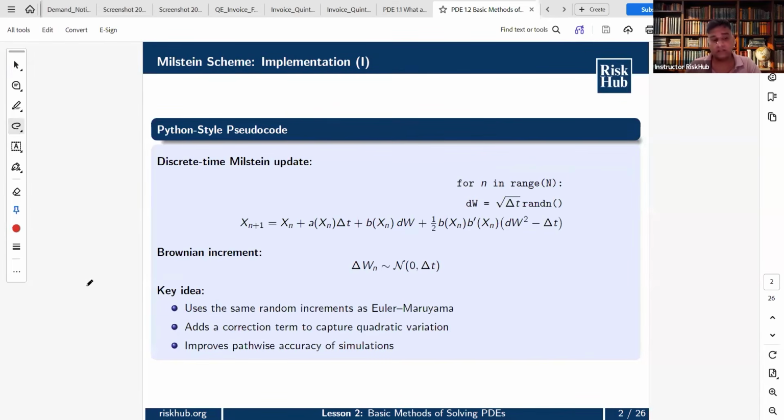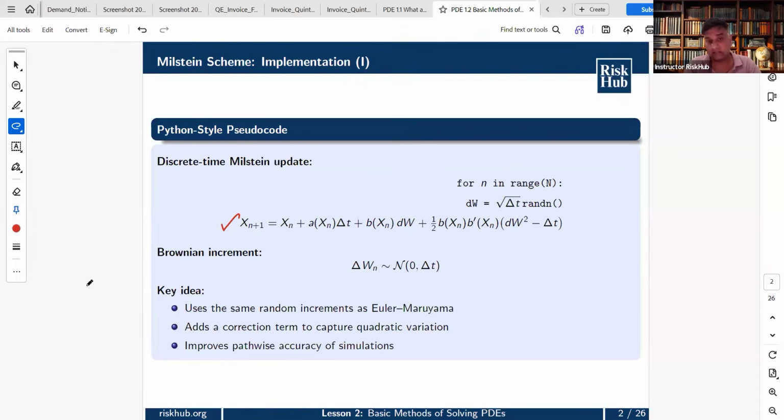It is basically giving us x_{n+1} equals x_n plus drift a(x_n) times delta t plus diffusion b(x_n) times delta W_n plus 1/2 b(x_n) b'(x_n) times (delta W_n squared minus delta t). The Brownian increment delta W_n is normally distributed with mean 0 and variance delta t.